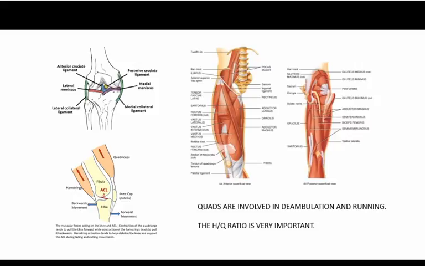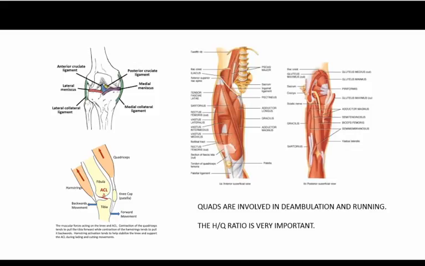Because they both basically insert on the tibia bone, so that's the bone of your shin, and they both apply a force on the tibia, and what basically happens is that the tibia can slip from back to forward depending on the strength of the quadriceps or the strength of the hamstrings.